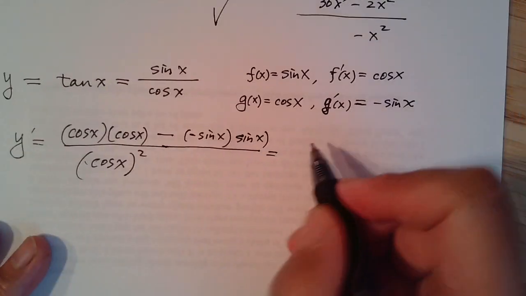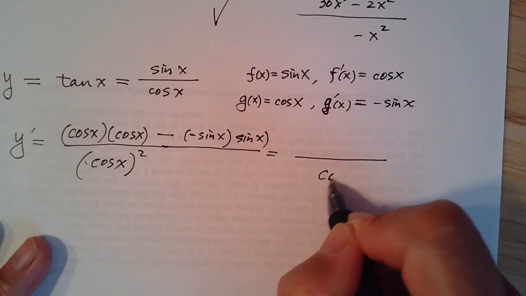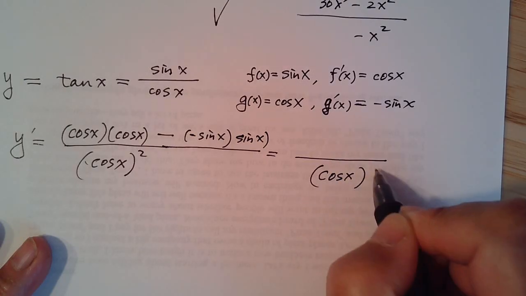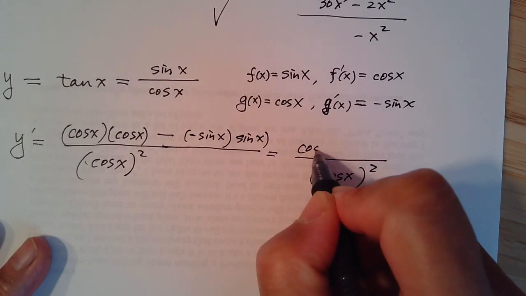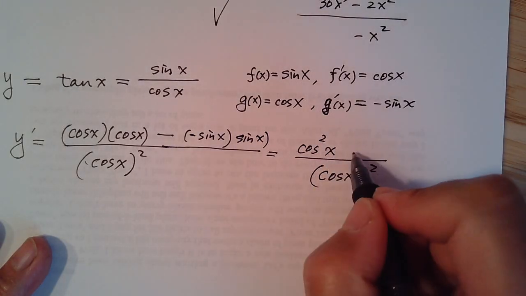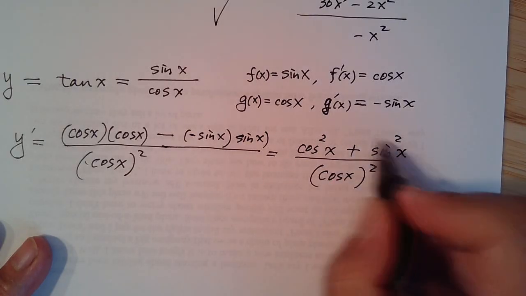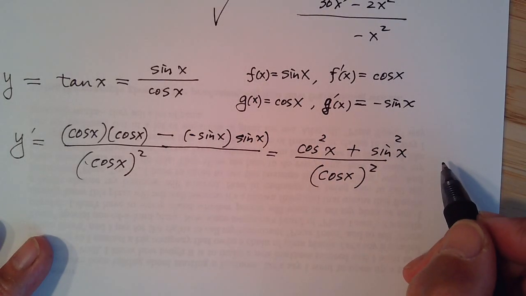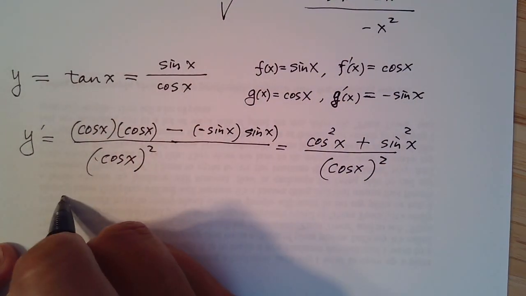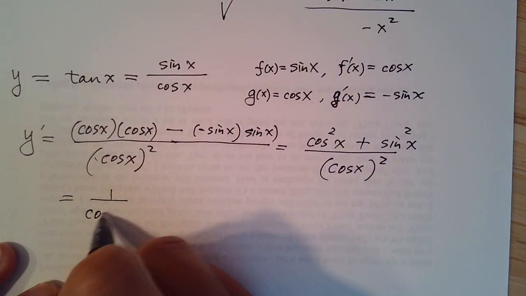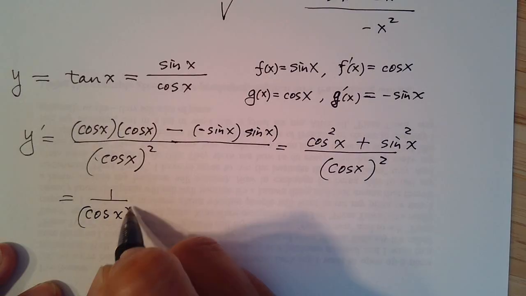Interesting. So here we get a cosine x squared in the numerator. Look, I got a cosine x squared plus sine x squared. Did you realize that is just a 1? So that is 1 over cosine x squared.